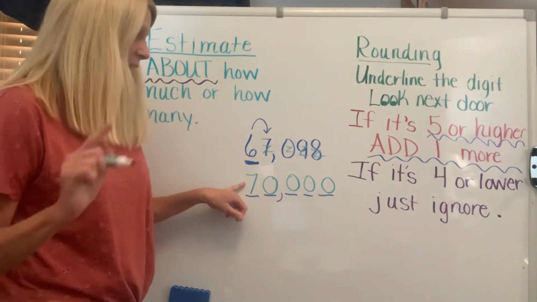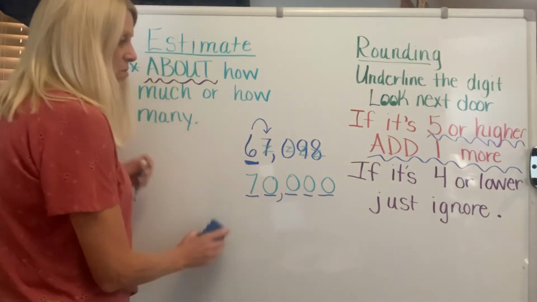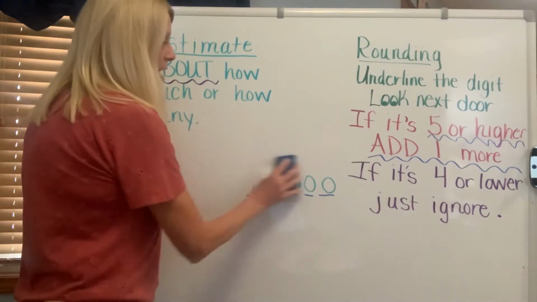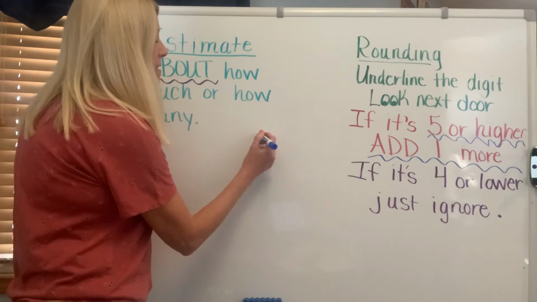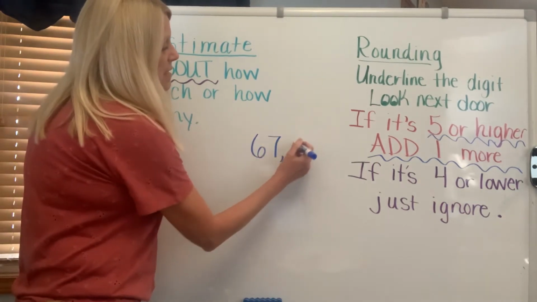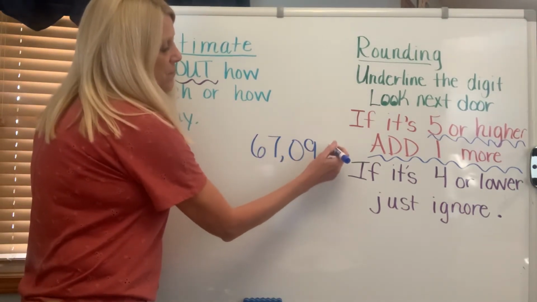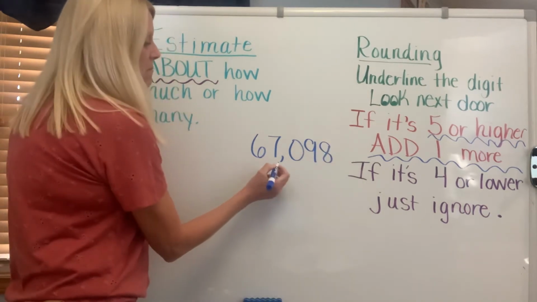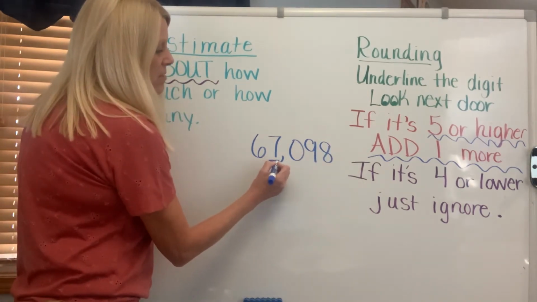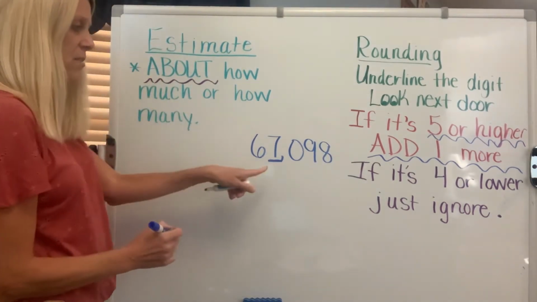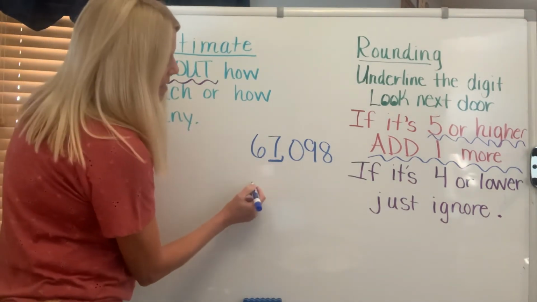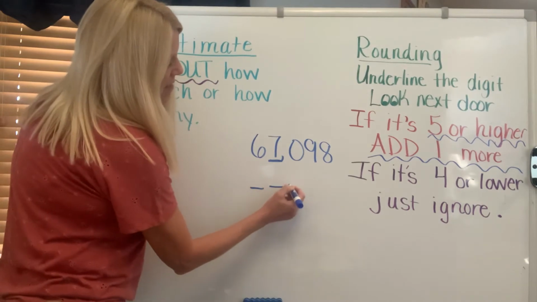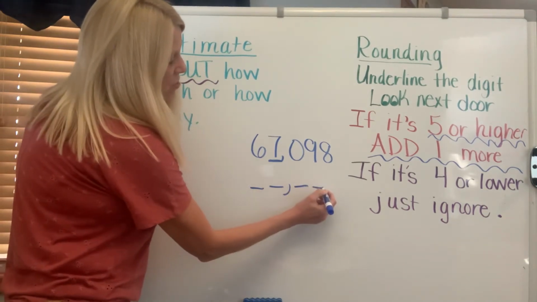Okay, now we're going to round that number 67,098 to the nearest 1,000. So I find my thousands place value and I underline the thousands place. Again, I know that it has 5 digits in it.